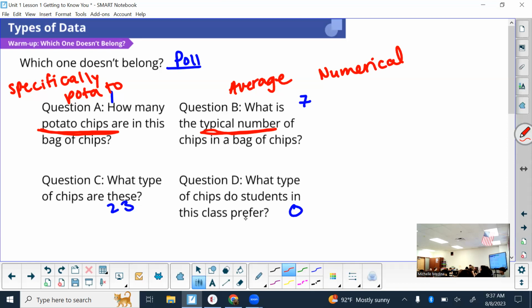If I said, Brooklyn, what type of chips do you prefer? What would you tell me? Doritos, is that a number? So no, you wouldn't tell me a number for that question. So C and D both don't have numerical data. What type of data do they have?